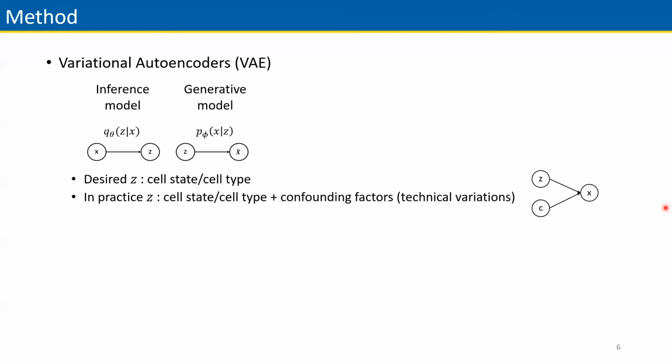However, if we do nothing about it, it will be coupled with the latent representation and affect the final result for dimensional reduction. We call these technical variations confounding factors.